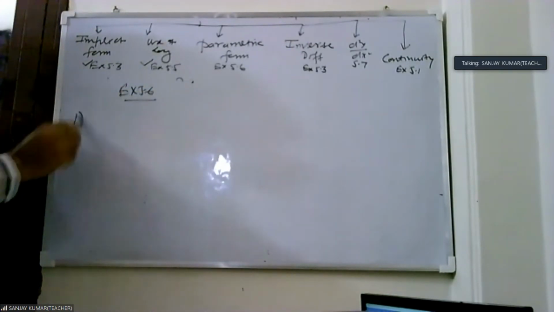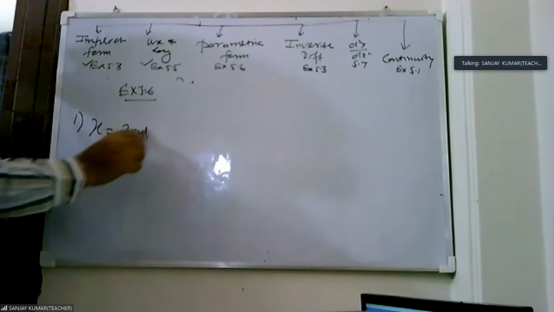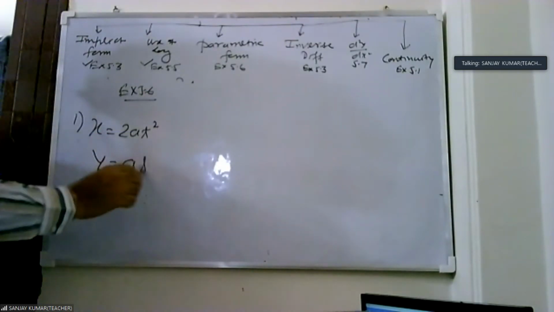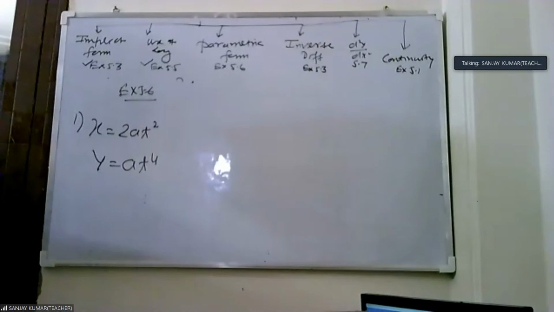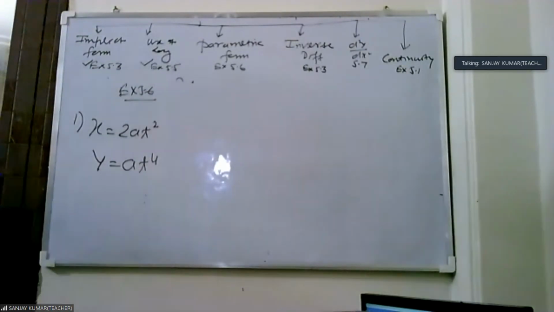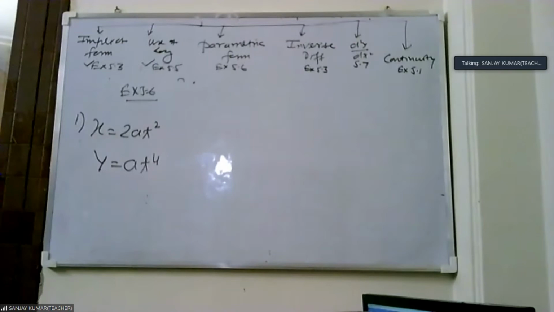The first question is x equals 2at square, y equals 4at cube. This is a question for 12th A class. 12th A class, please reply. Today I will take some student's name, and only the student whose name I take will reply. The question is to find dy by dx.